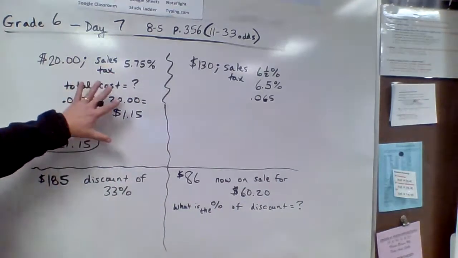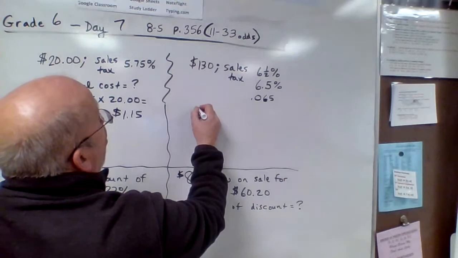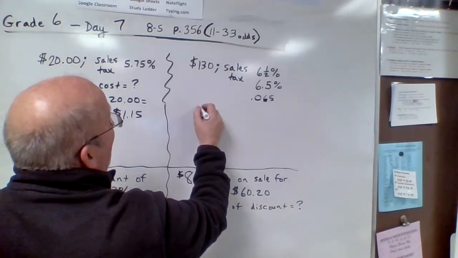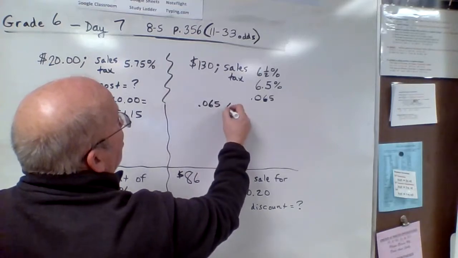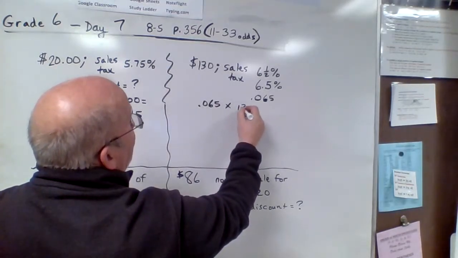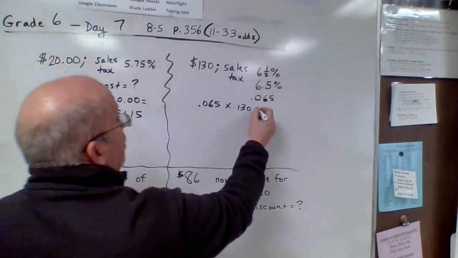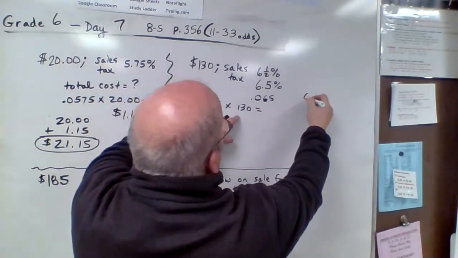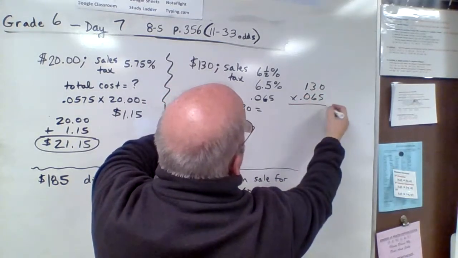So just like we did with this problem over here, we're going to think about what number is 6.5% of the $130. And of course, "of" means multiplication. When we multiply those two numbers together, let's see what we get.